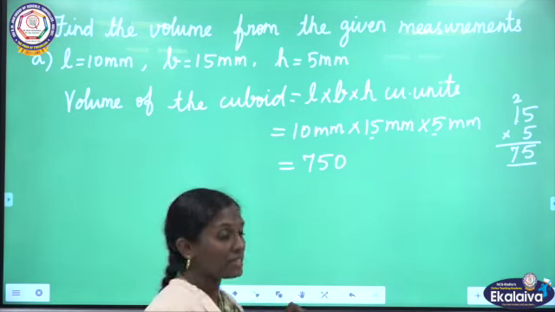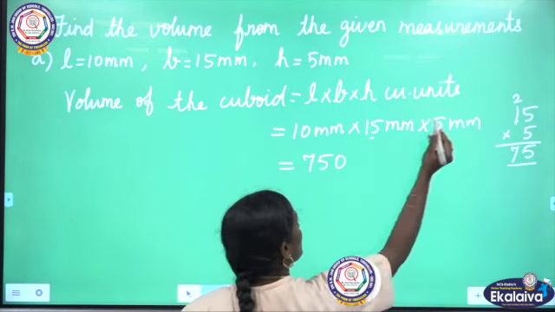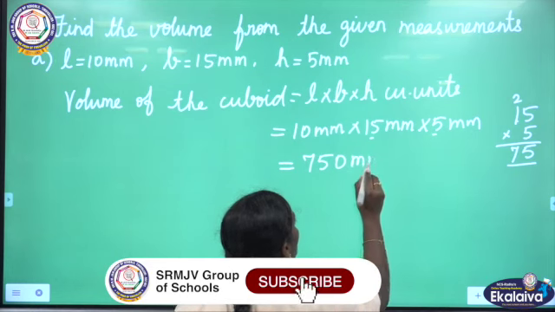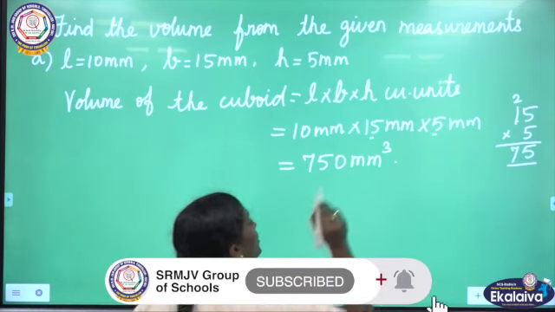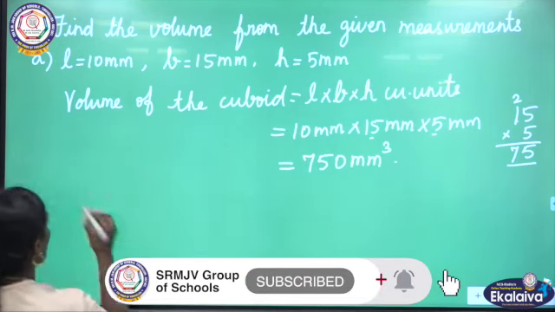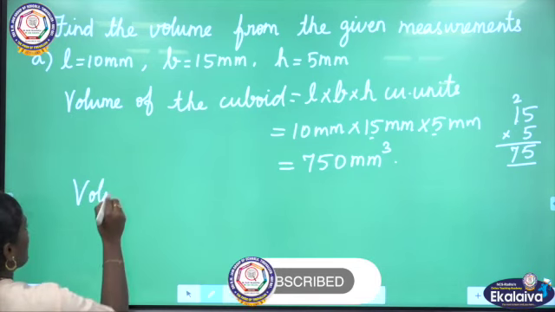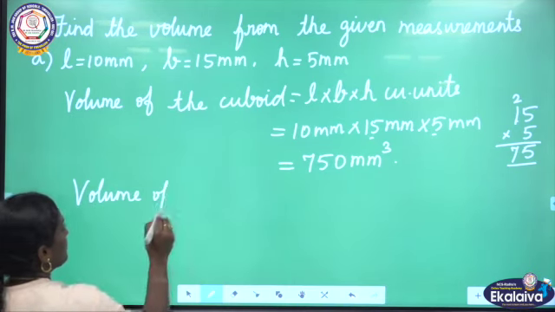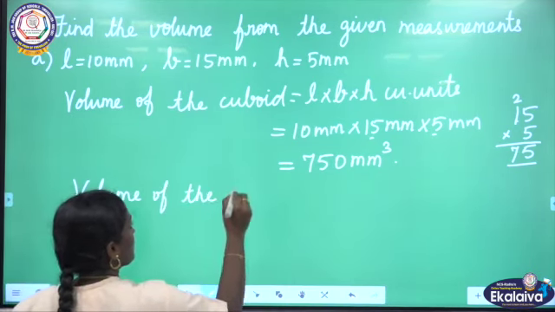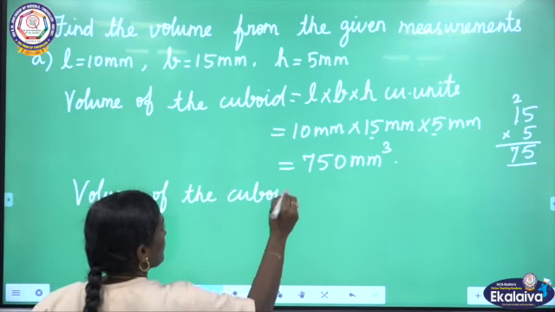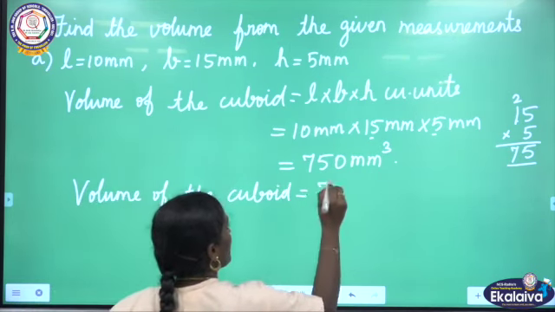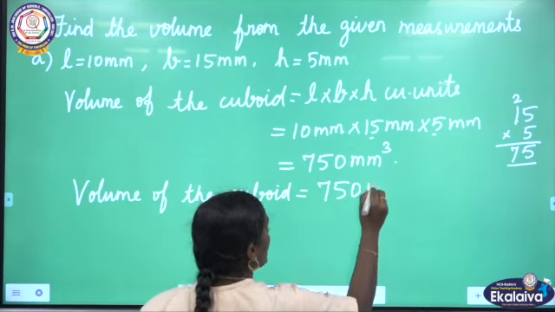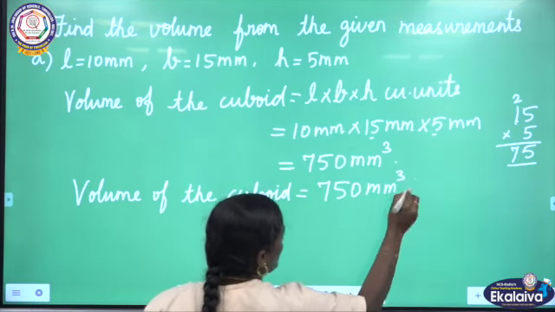So, we will get 750 millimeter into millimeter into millimeter, we will get millimeter cube. So, this is the volume of the cuboid. Volume of the cuboid is equal to 750 millimeter cube.